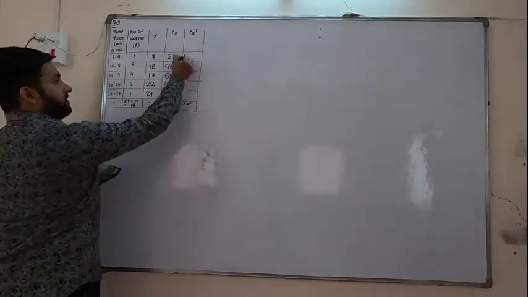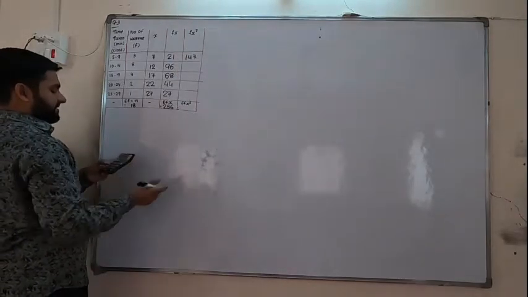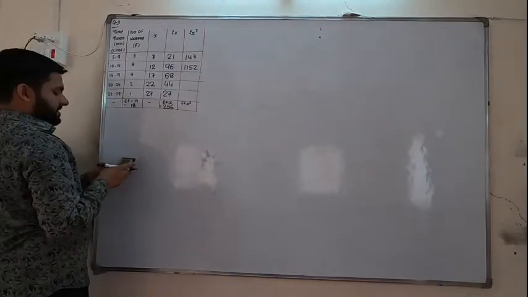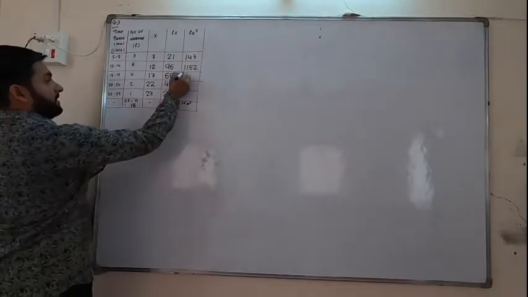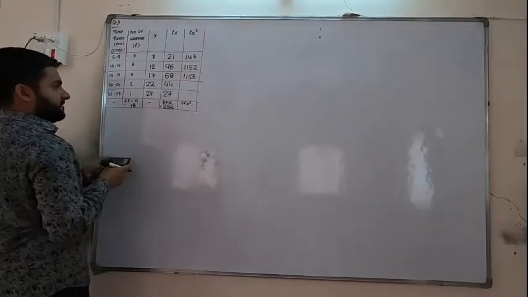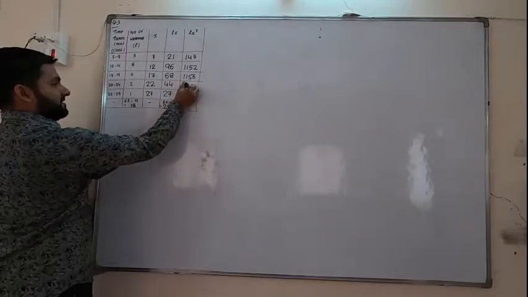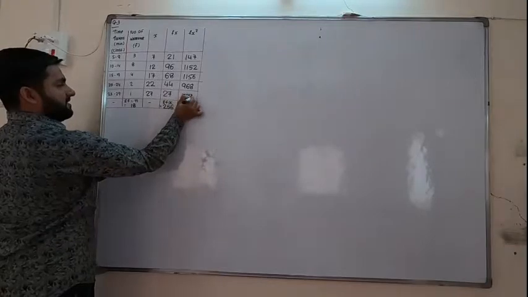Now fx square means fx into x. 21 sevens are 147. 12 into 96 is 1152. 68 into 17 is 1156. 44 into 22 is 968. 27 into 27 is 729.